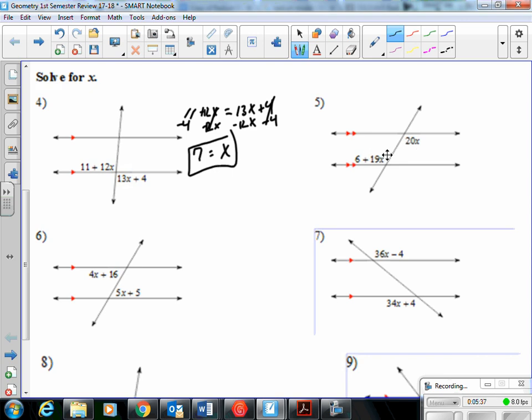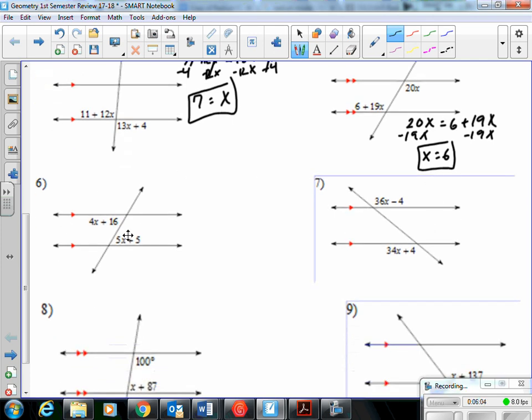So to solve for x, we set these 2 angles equal to each other. Those 2 angles should be the same measure. So 20x equals 6 plus 19x. Subtract the 19x. X equals 6.